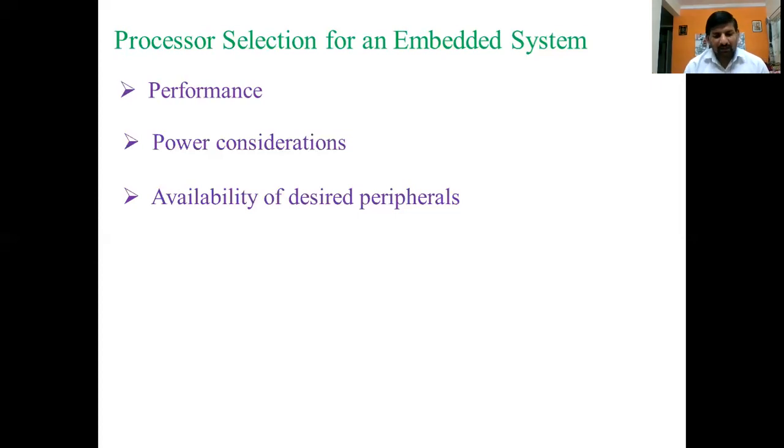Next, operating voltages. If the application voltage and the operating voltage are the same, 5 volts or 3.3 volts, it is easy to operate. Next, specialized processing units. Some are available, some are not.